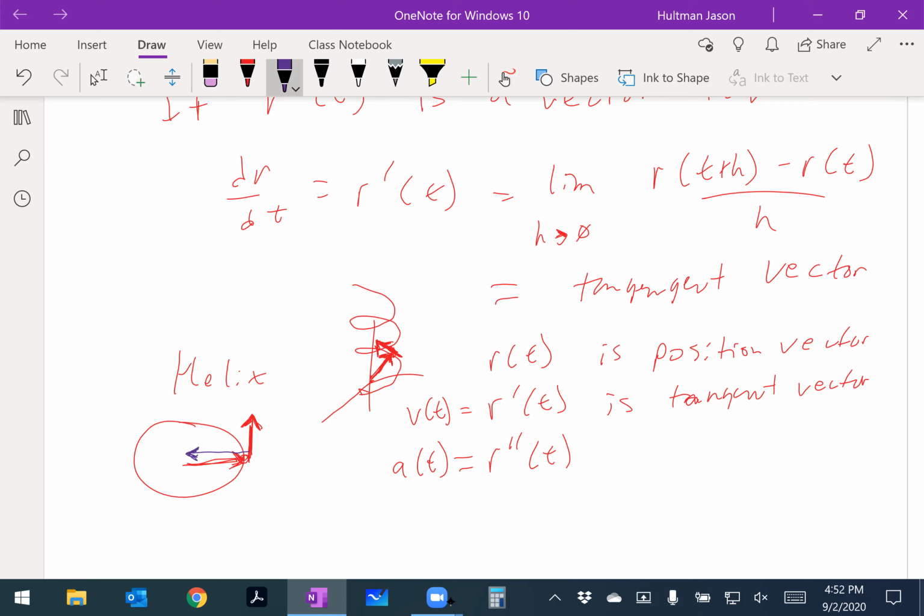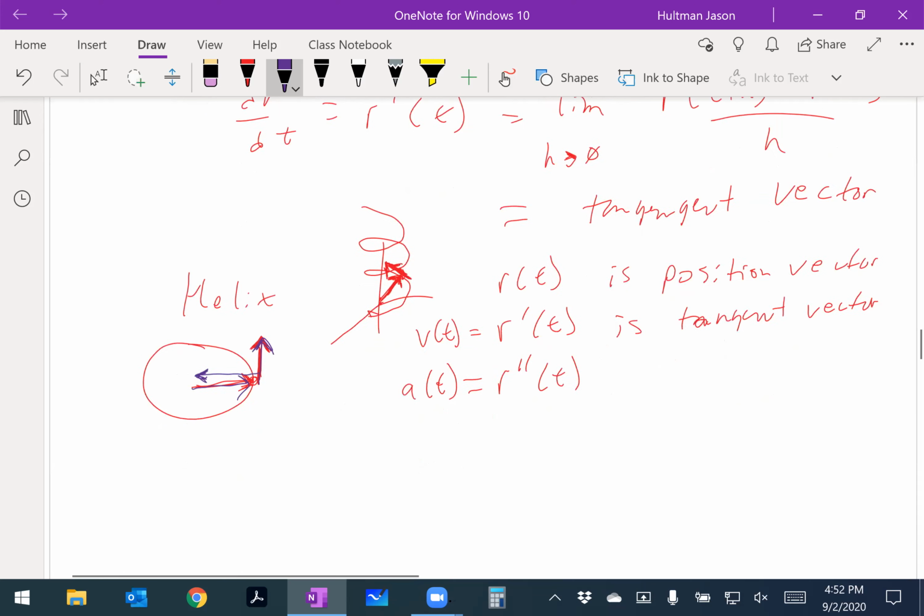This is called centripetal acceleration, and it always points in. So r of t points out, v of t is tangential to the position, and the acceleration is orthogonal. So we've got orthogonal, orthogonal, orthogonal. It's kind of like we've got two left turns here. You got left, left.